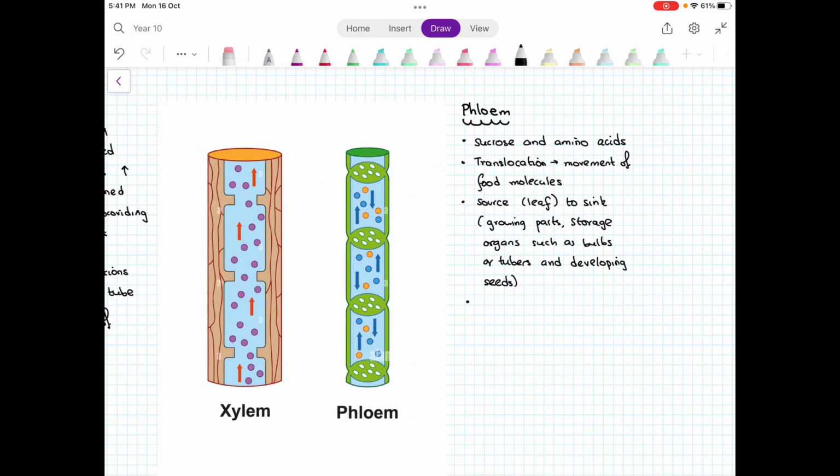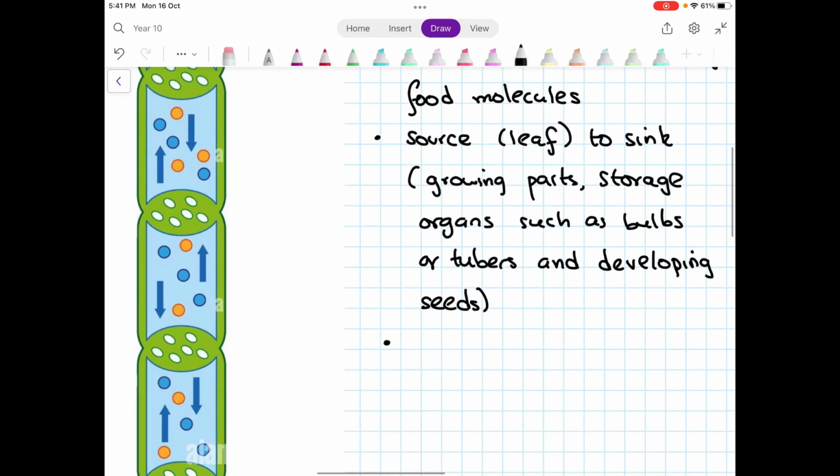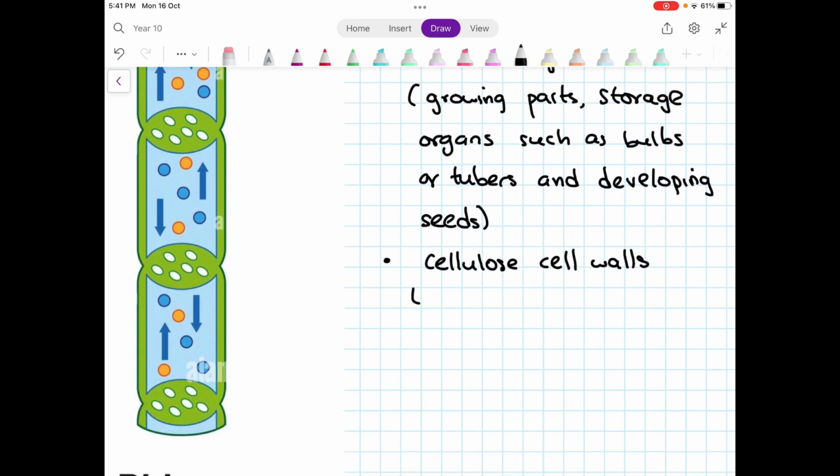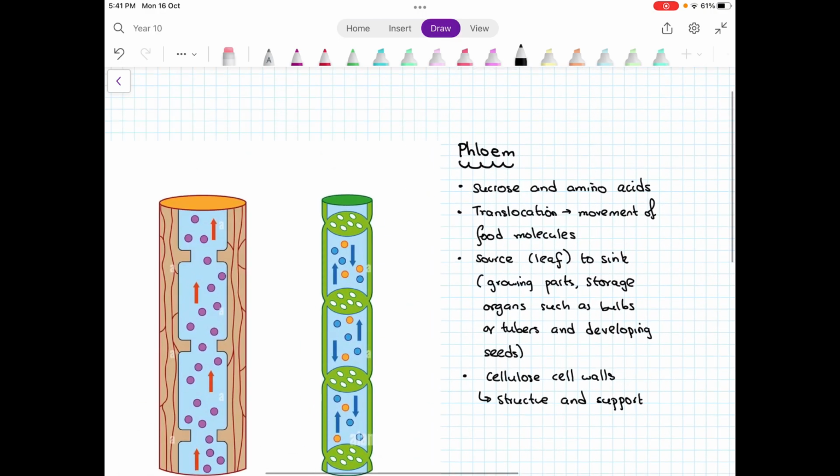Now, the cell walls of cells in the phloem are made up of cellulose as opposed to being strengthened by lignin. And they also provide structure and support, especially against turgor pressure.